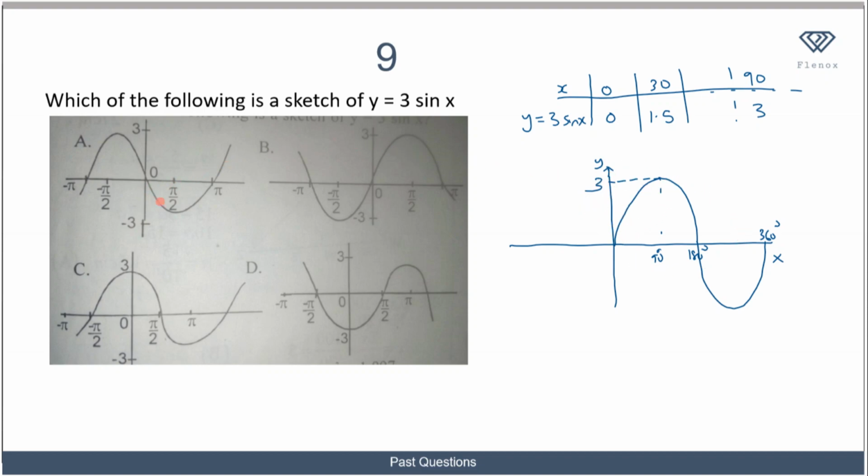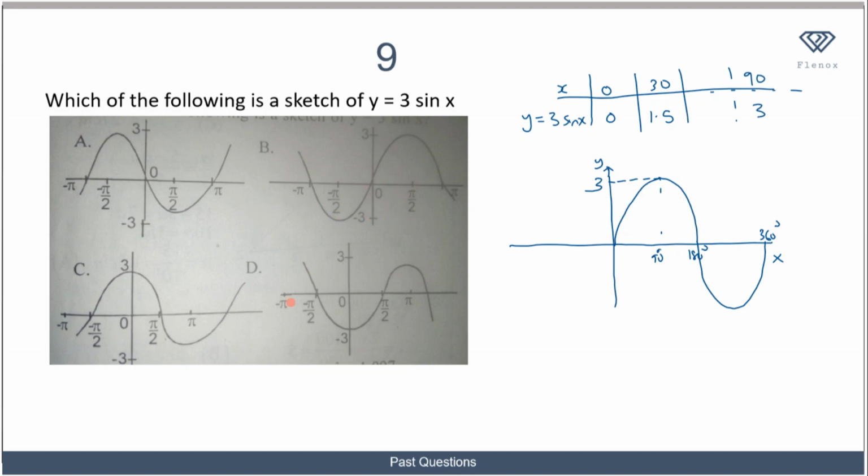But if you look at the options you have, you can see that on the horizontal axis, instead of having angles of 90, 180 and so on, you have angles such as pi over 2 and the likes. So this is telling us that the values of our angle are given in radians, and I'll just quickly mention this as a side note.